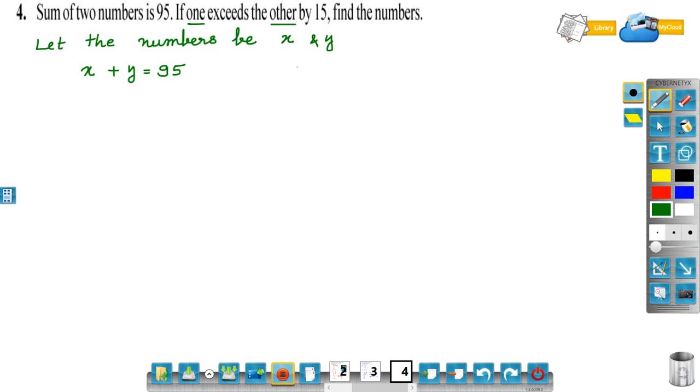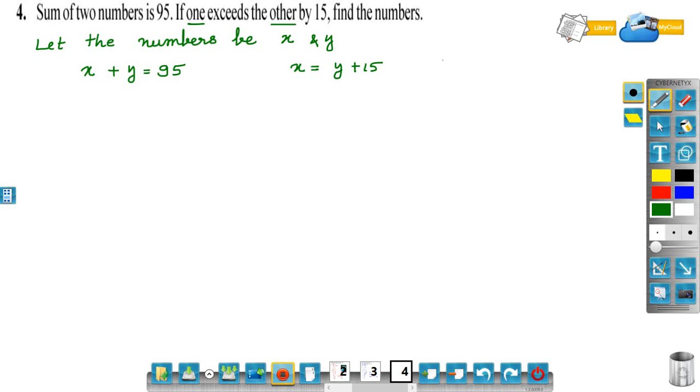one number is x, which exceeds the other. One number exceeds the other by 15 means one number, that is x, is equal to 15 more than the other.